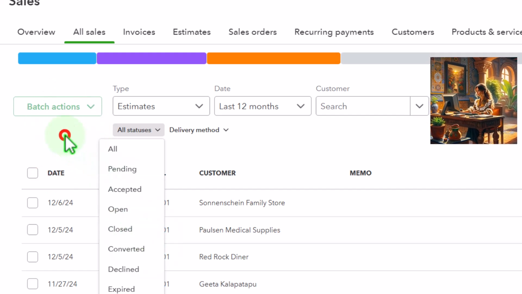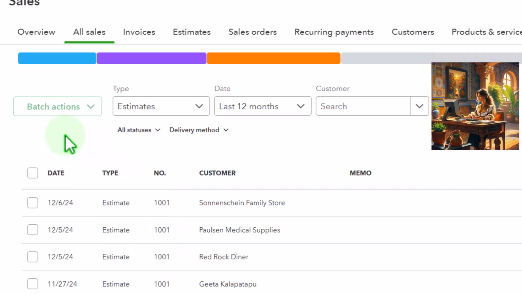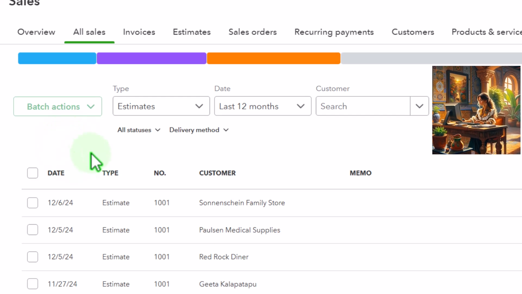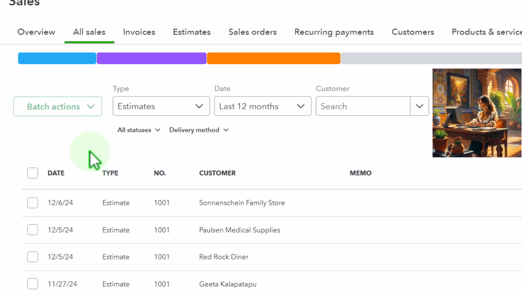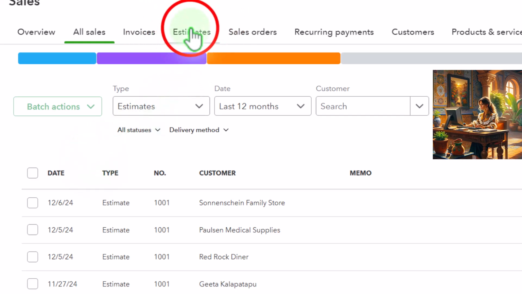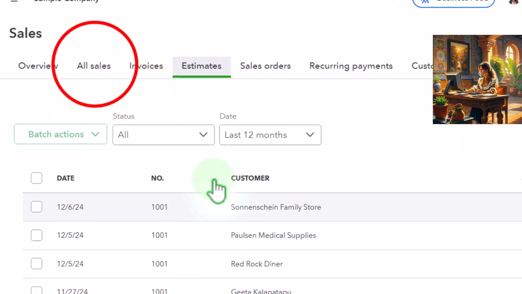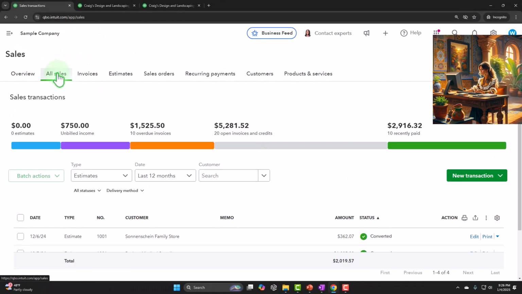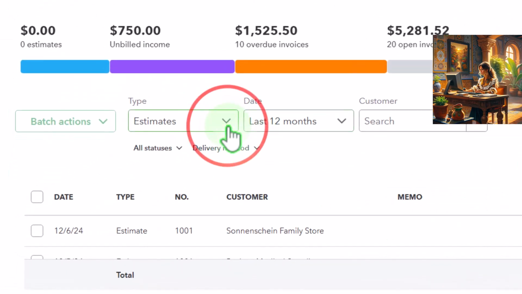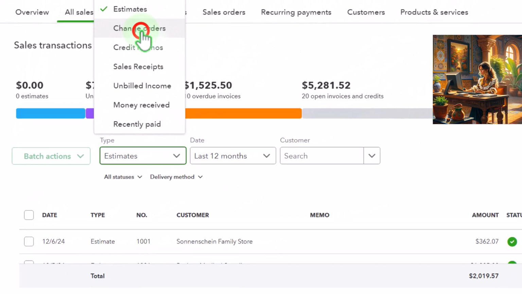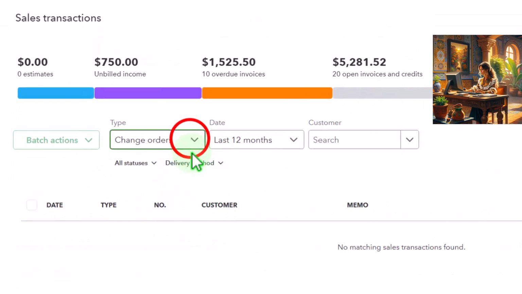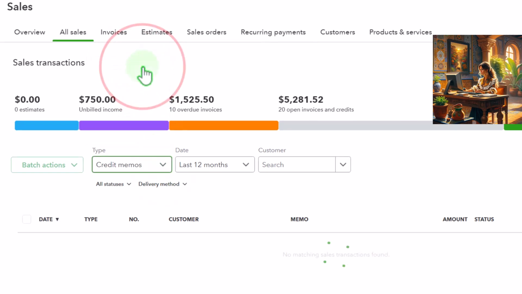You would only be using estimates in particular types of businesses, most likely like a custom project, job cost type of system. But also note, again, you have another estimates tab over here. So it's a little bit redundant that we have the estimates in this one, because we can also find them elsewhere. And then we've got the other forms in there, like the change orders, the credit memos.